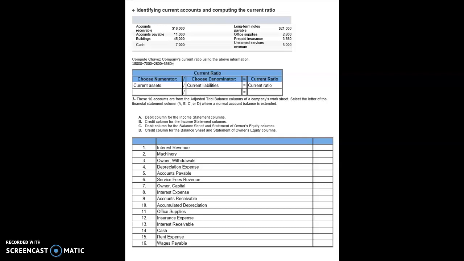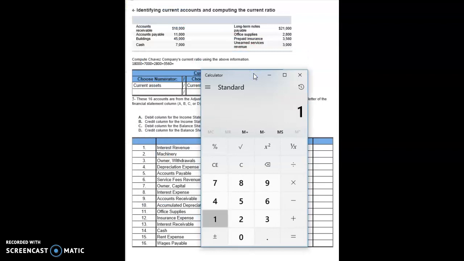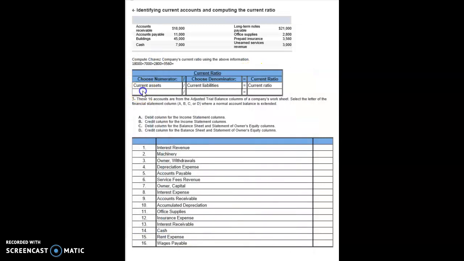If we add those up, let's bring our calculator up. We get $31,360. So that's what we're going to plug in. $31,360. That's also our total up here.